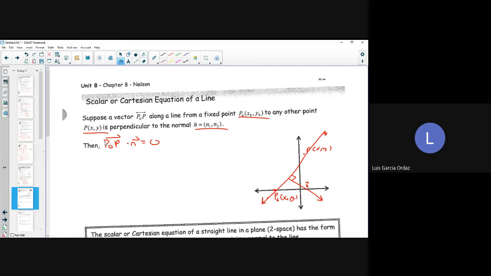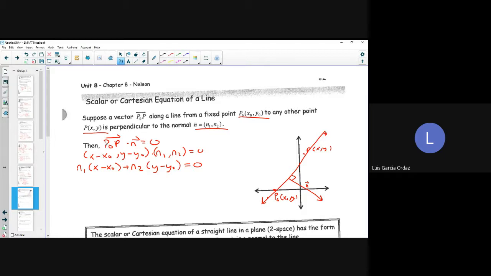So I know that x minus x0, comma y minus y0, dot product n1, comma n2 is equal to 0. So again, I take n1 times x minus x0 plus n2 times y minus y0 gives me 0.